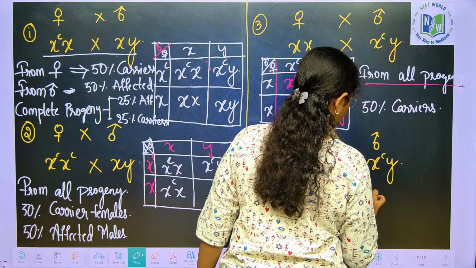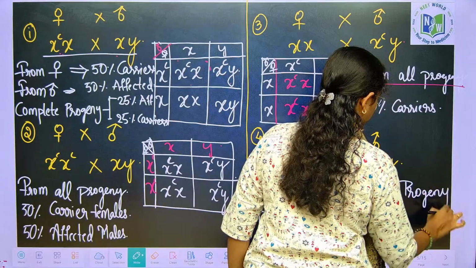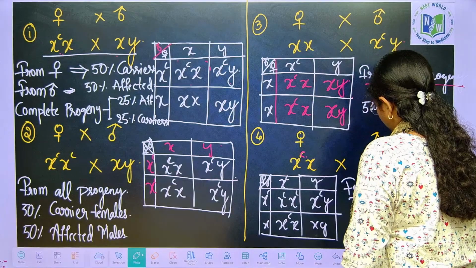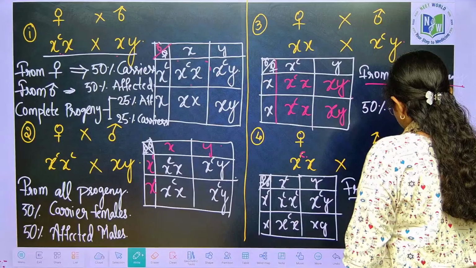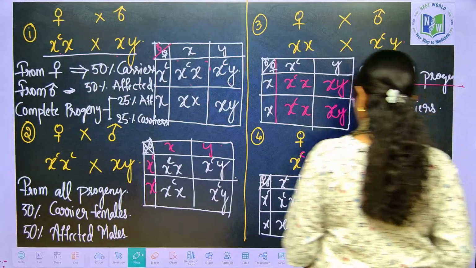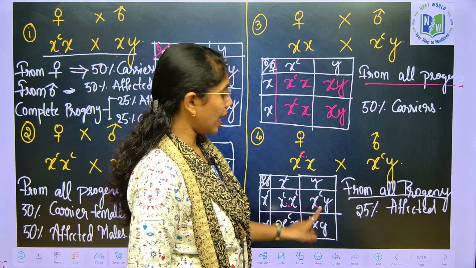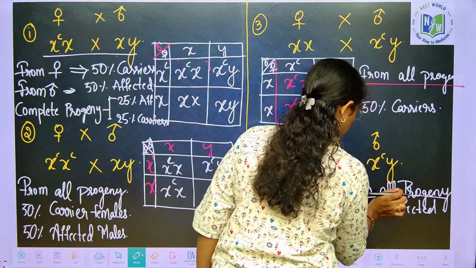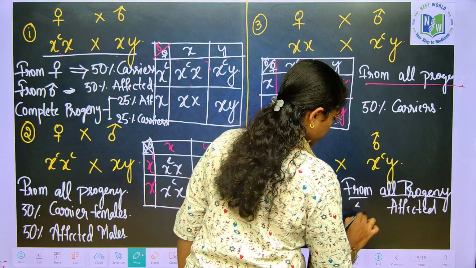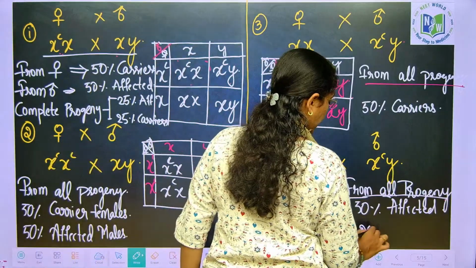From all progeny, 25% are affected. Sorry, 50% are affected when all progeny are considered, one affected female and one affected male. So, 50% of the progeny are affected, and how many carriers? 25% are carriers.